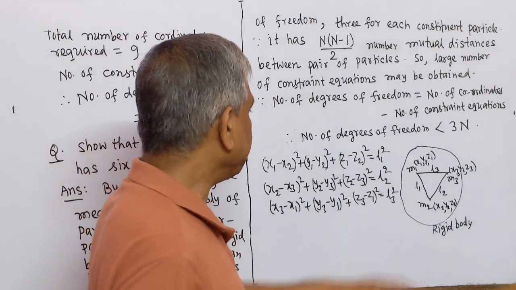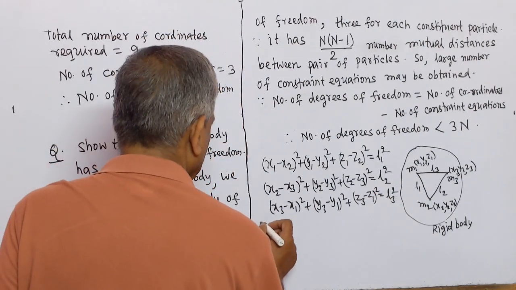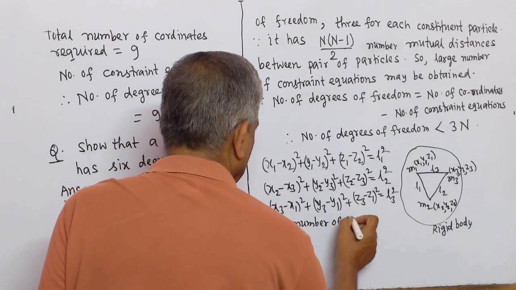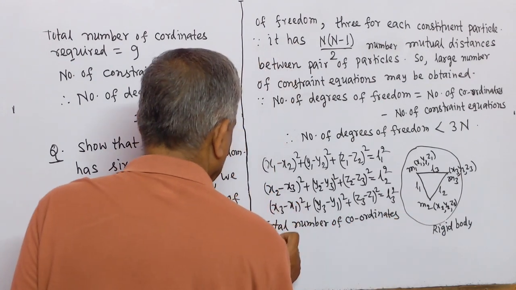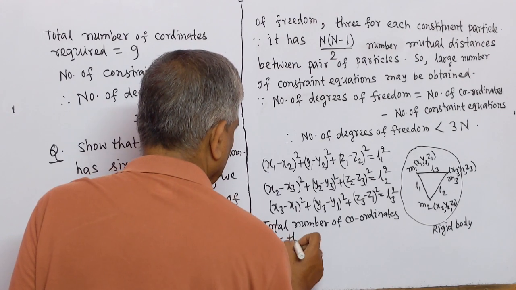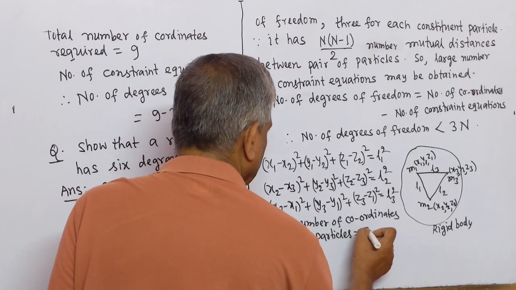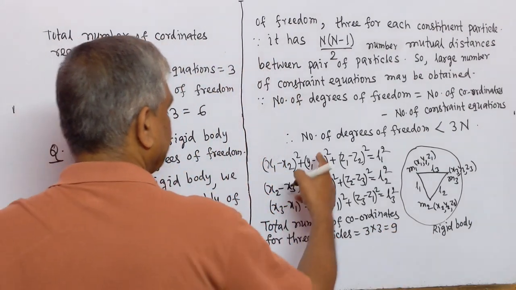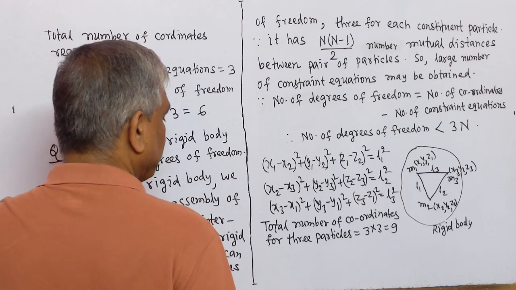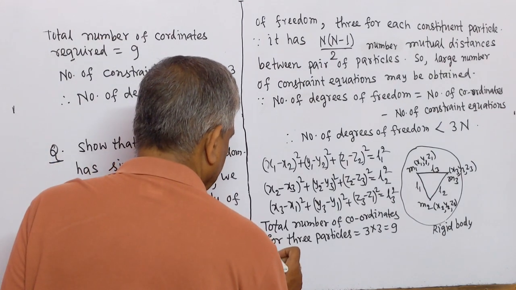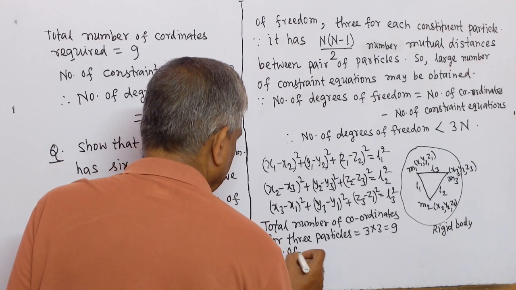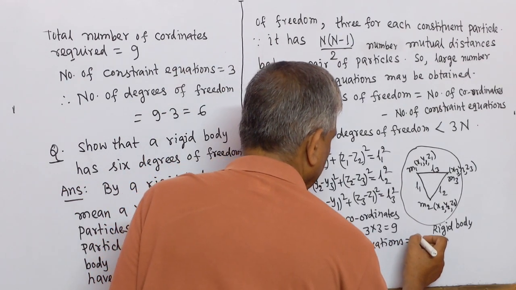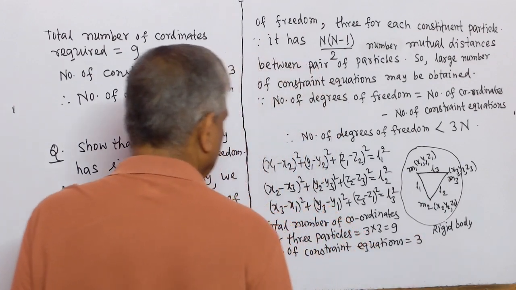The total number of coordinates for three particles is equal to 3 multiplied by 3, that is 9, and here the number of constraint equations is equal to 3.